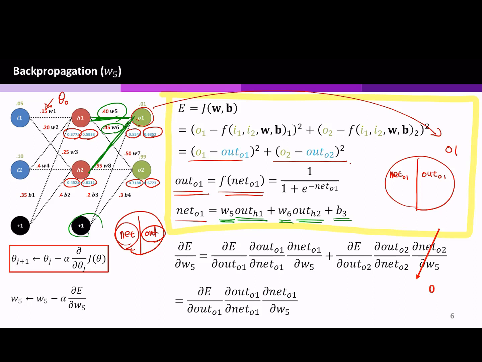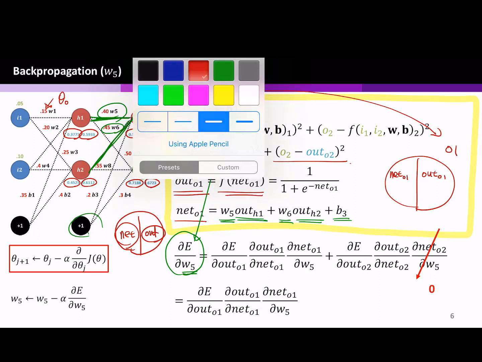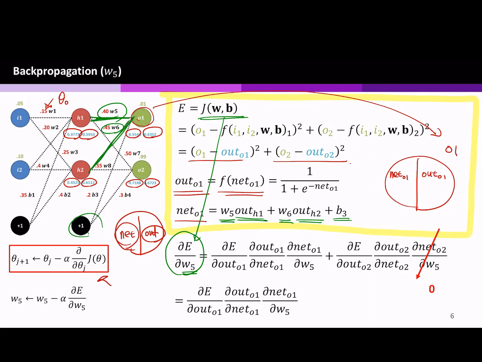So how to compute the partial derivative of your cost function with respect to W5? Before that, in this equation, theta is not a single value, it's multiple function parameters. That's why I annotated it like this in the previous example: this one is m, this one is b.